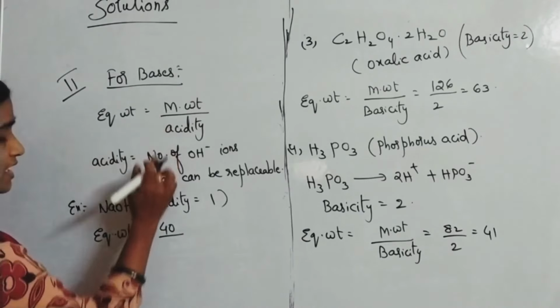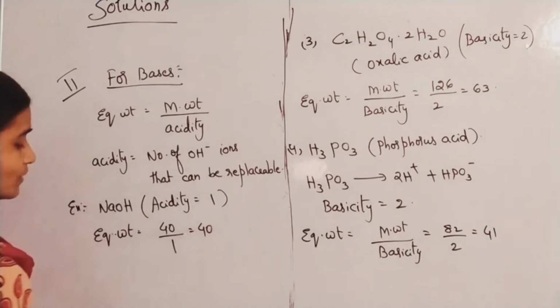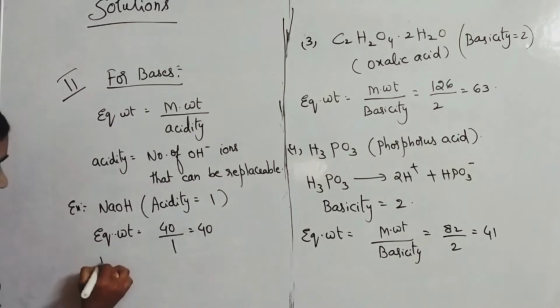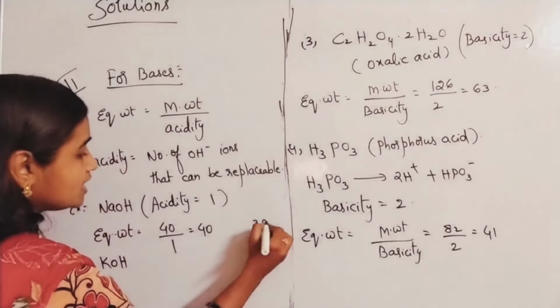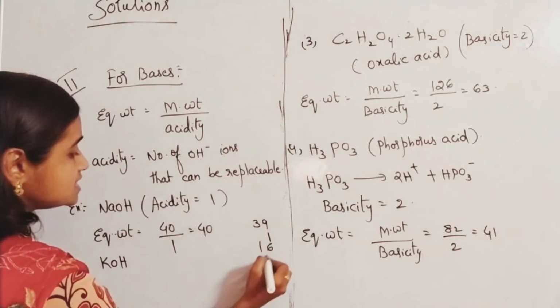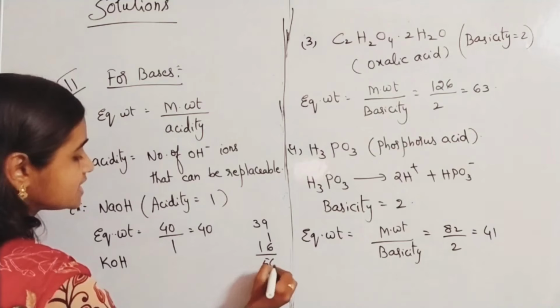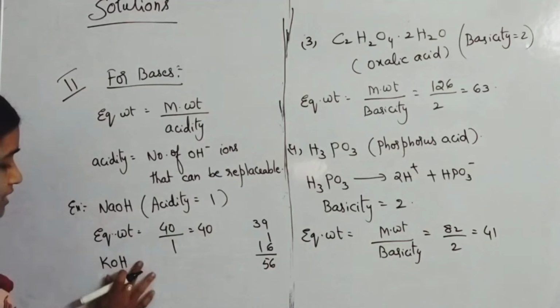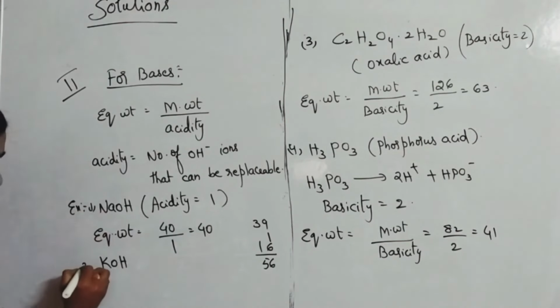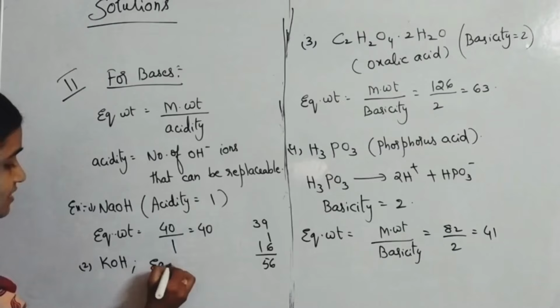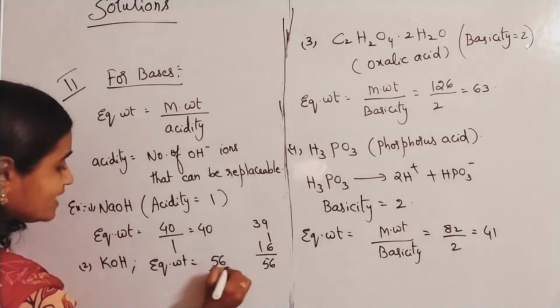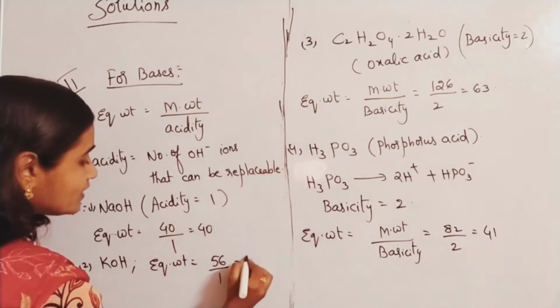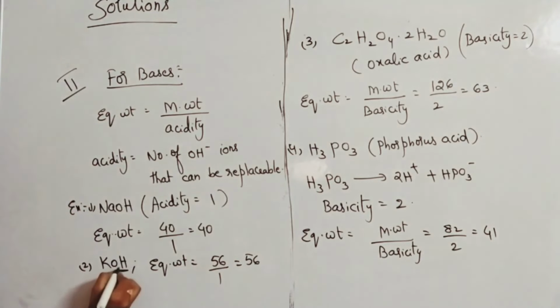NaOH మాలిక్యులర్ వెయిట్ ఏమో 40 డివైడెడ్ బై యాసిడిటీ ఈజ్ 1. సో ఈక్వాలెంట్ వెయిట్ ఈజ్ 40 ఓన్లీ. ఓకే, అలాగే మీరు ఇంకా ఏదైనా KOH తీసుకున్నారు అనుకోండి, పొటాషియం 39, హైడ్రోజన్ 1, ఆక్సిజన్ ఈజ్ 16. 40 + 16 అంటే 56 వస్తుంది. ఓకే, ఇక్కడ కూడా ఒకటే OH మైనస్ అయాన్ రిప్లేసబుల్. సో ఫర్ సెకండ్ ఎగ్జాంపుల్ KOH తీసుకుంటే ఈక్వివలెంట్ వెయిట్ ఈజ్ ఈక్వల్ టు 56/1 అంటే 56. ఓకేనా, 1 ఎందుకు వేసాను? ఒకటే OH మైనస్ అయాన్ ఈజ్ రిప్లేసబుల్.